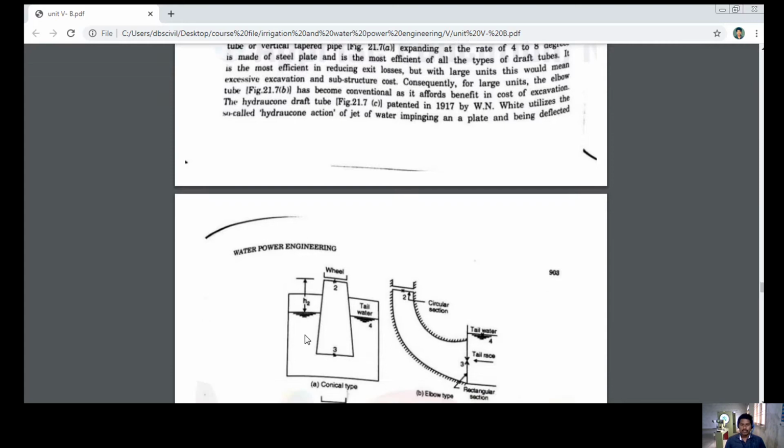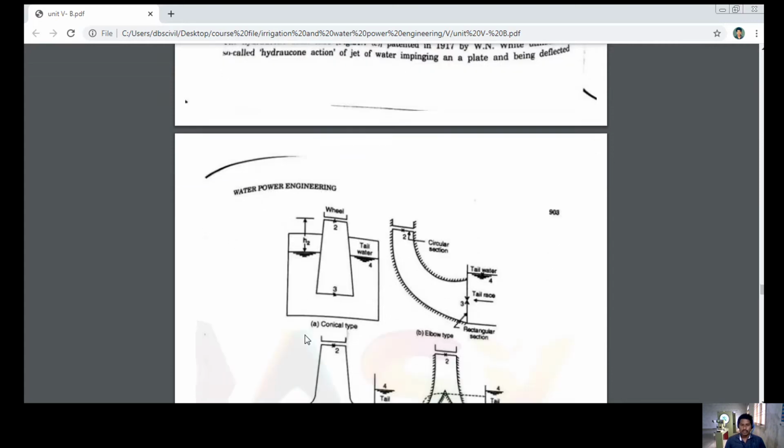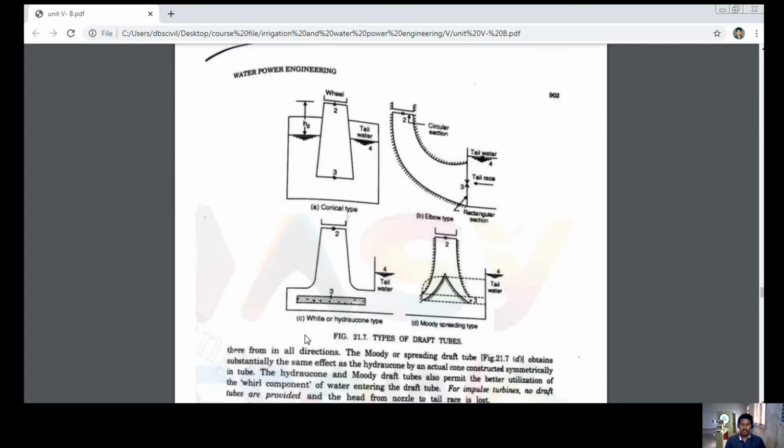Figure 21.7. Okay, have a look at the diagram. This is the conical type, this is the elbow type, this is the hydrocone type, and this is the Moody spreading type.